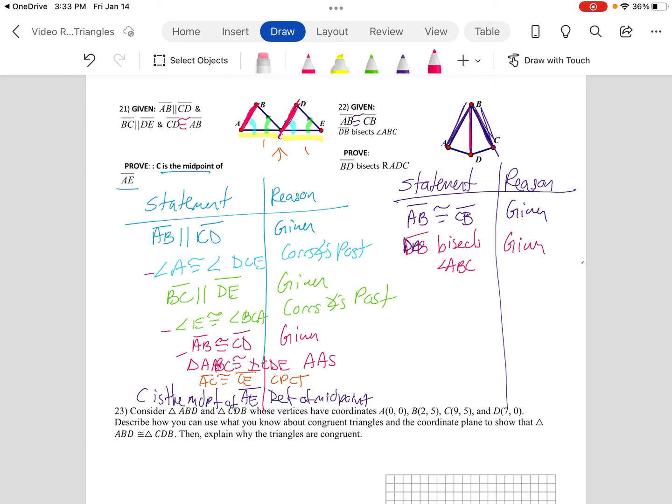If DB here bisects angle ABC, then I know this angle would have to be congruent to this angle, because that's what the term bisect means. So I know, just be careful, if it's angles, you have to write angles are congruent. I know angle ABD must be congruent to angle CBD. And I know that's the case by definition of bisect.